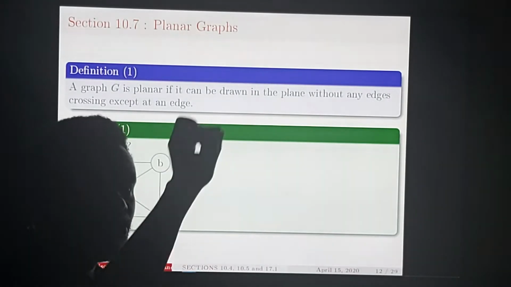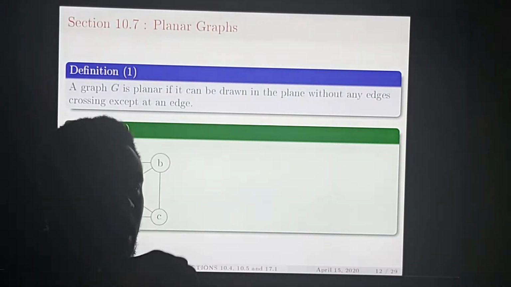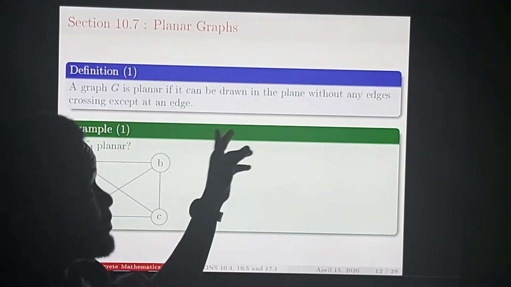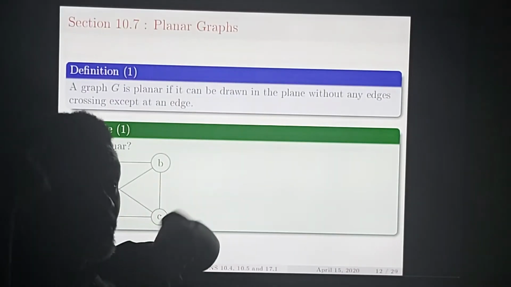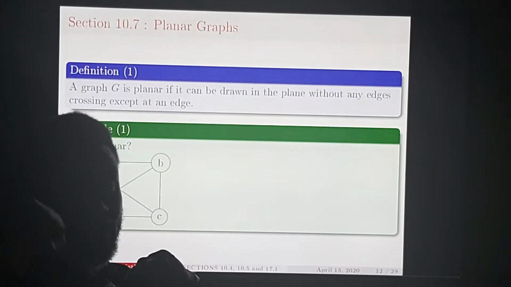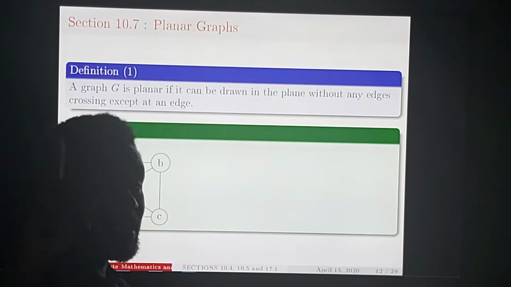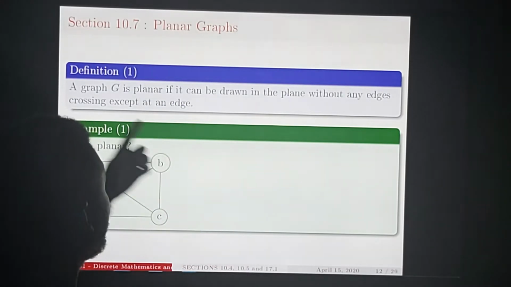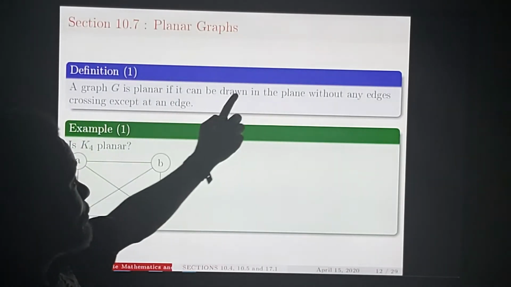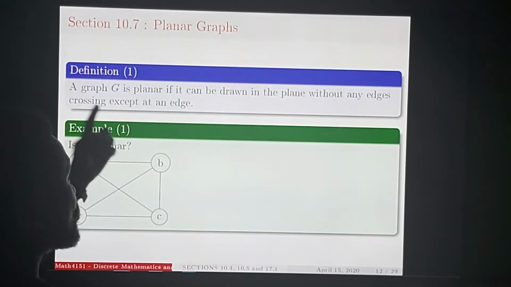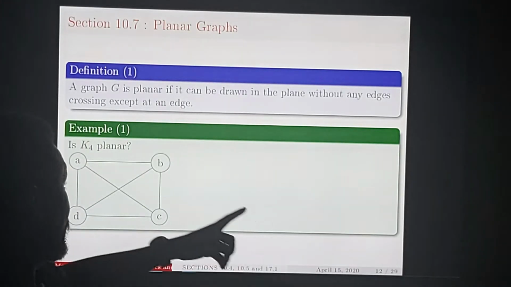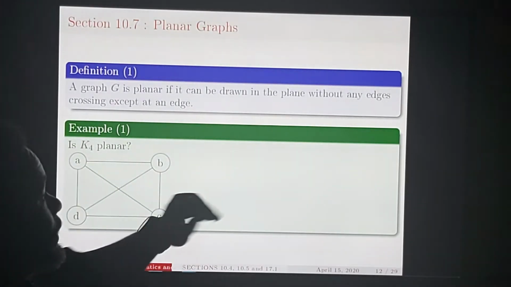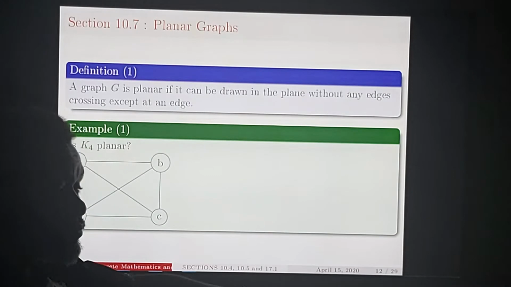Because in geometry, you draw things, you plot graphs. Remember, graph theory is combinatorics. Then in geometry, you can draw graphs in the xy plane. So if you can draw a graph such that it only intersects at a point, which is called a vertex, then that graph will be called planar. A graph G is planar if it can be drawn in the plane without any edges crossing except at a vertex. So, example number 1 is K4 planar?